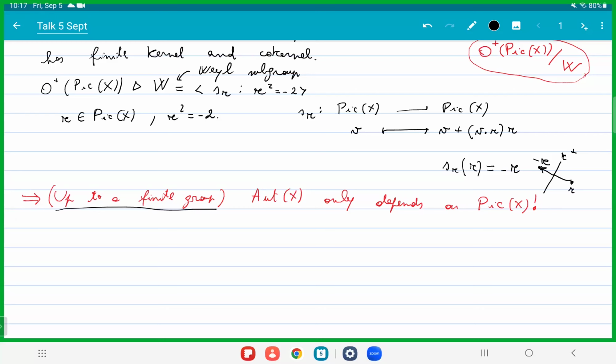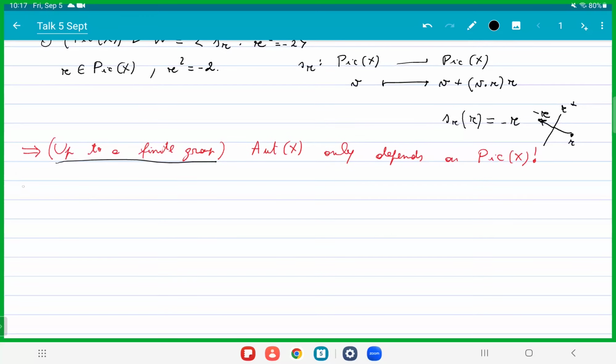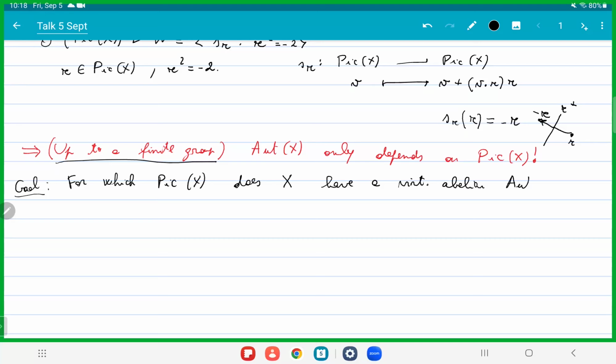So I can rephrase our goal: for which Picard lattices Pic(X) does X have a virtually abelian automorphism group? Okay, so are there any questions about these basics about K3s?